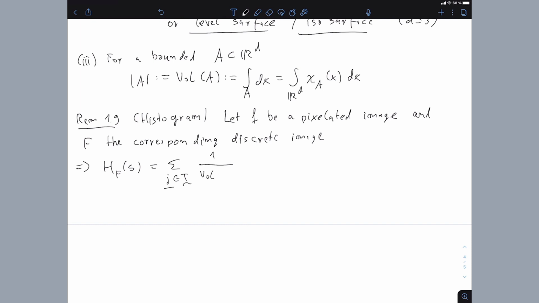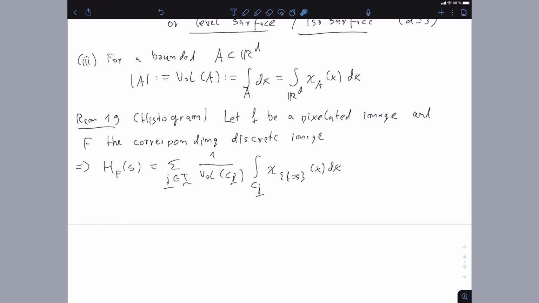So we take 1 over the volume of the cell Cj and integrate over the cell Cj the characteristic function of f equals s.